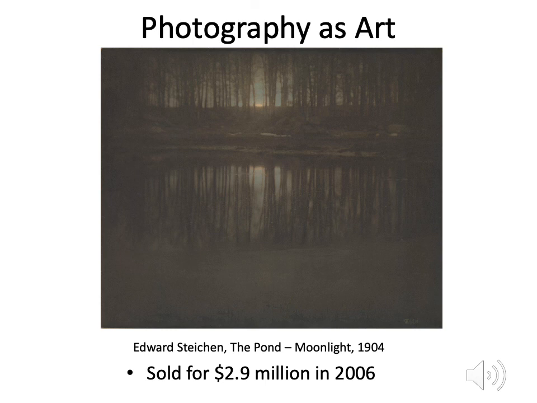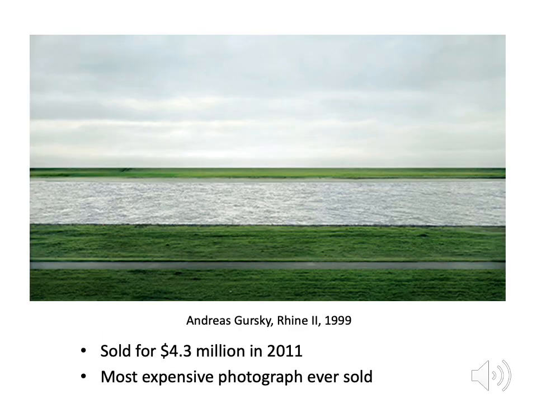It sold for $2.9 million in 2006. Here we have one sold for $4.3 million in 2011. At the time, it was the most expensive photograph ever sold, by Gursky. And I'll show you more of his work towards the end of the semester. But here's a color photograph here, 1999, that sold for $4.3 million.